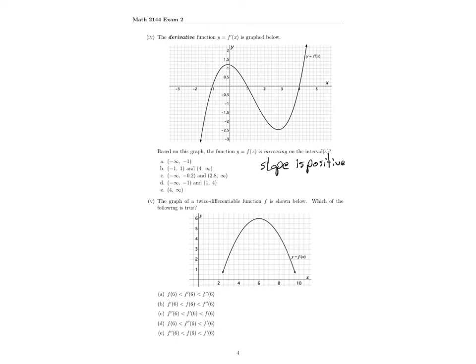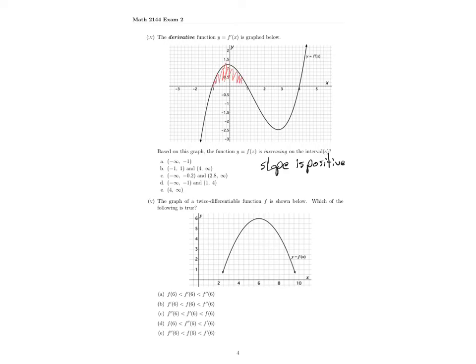So if we know our slope's positive, well, we know that the y values of our f prime of x function equal our slope. So what we're doing is we're going to look up here at this graph that we're given, that represents f prime of x, and determine where that is positive. So if we look, we're positive everywhere between, I'll use a different color to highlight this, from here, right?